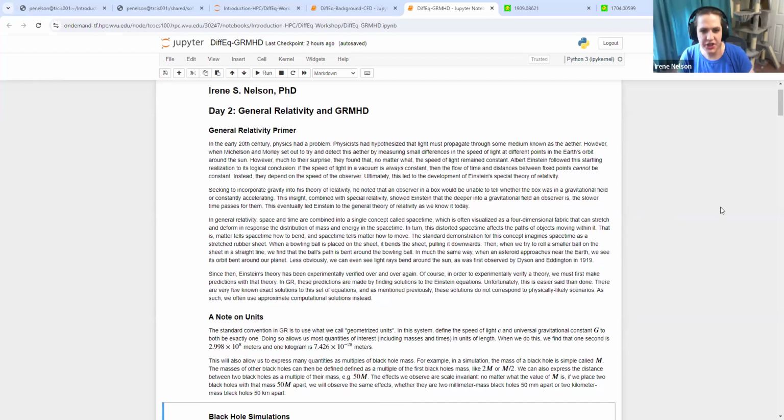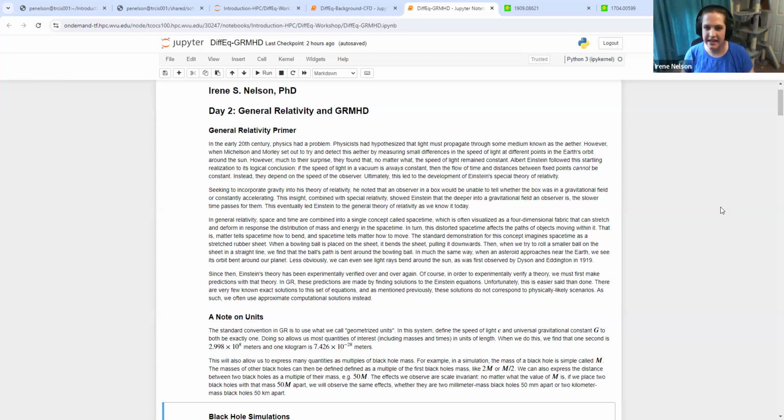So basically, in general relativity, we combine space and time into a single concept that we very cleverly call space-time, which we often will visualize as a sort of four-dimensional fabric that stretches and deforms in response to the distribution of various sources of mass and energy in that space-time.